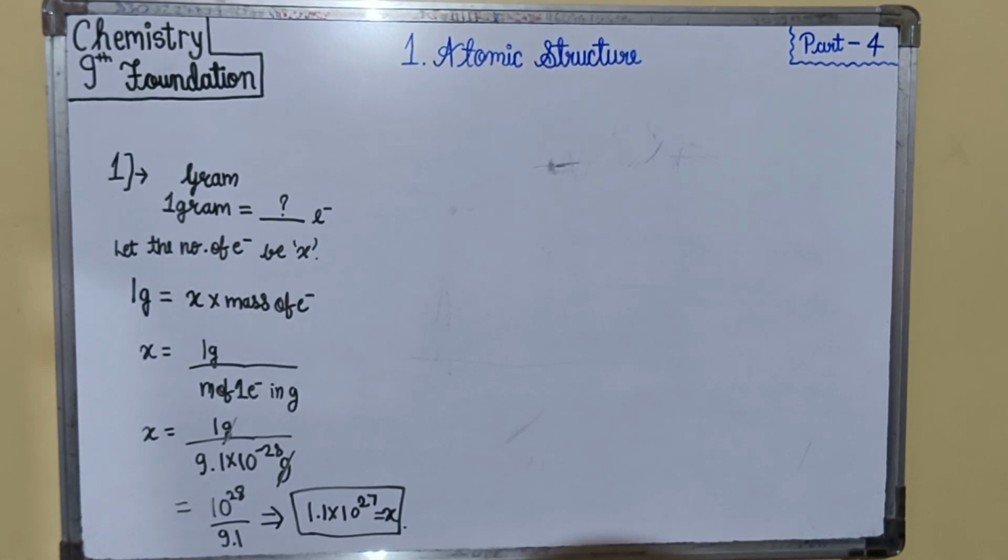So 1.1 into 10 raised to 27 electrons make 1 gram. This is the question and we have got the answer.